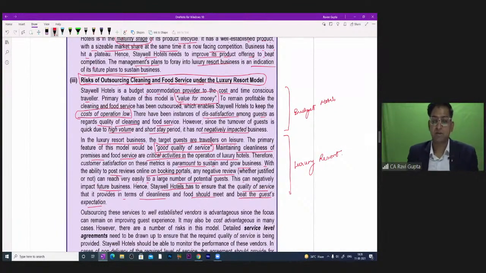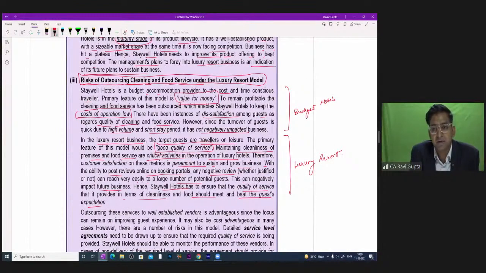It speaks about the luxury resort, and here what we have to see is that there were instances of complaints about quality of services when it was a budget hotel.